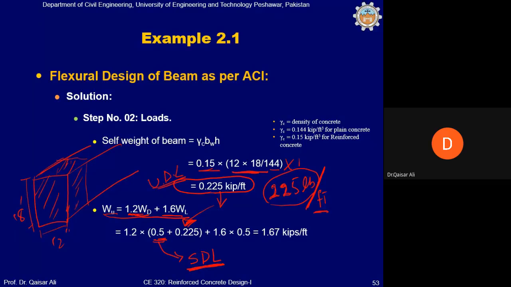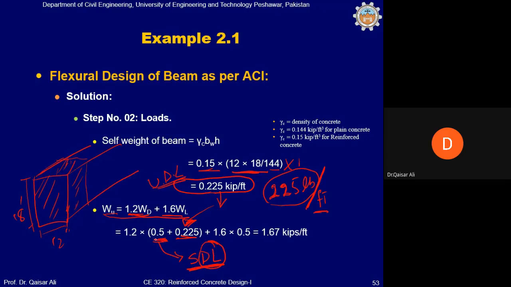Why superimposed dead load? Because this load is over and above the self weight of the structure. Dead load also contains self weight of the structure, which is 0.225 in this case. And superimposed dead load is dead load over and above the self weight, or dead load in addition to the self weight.